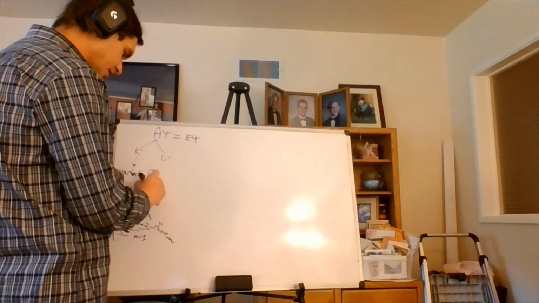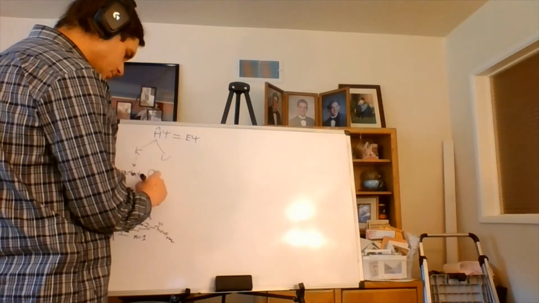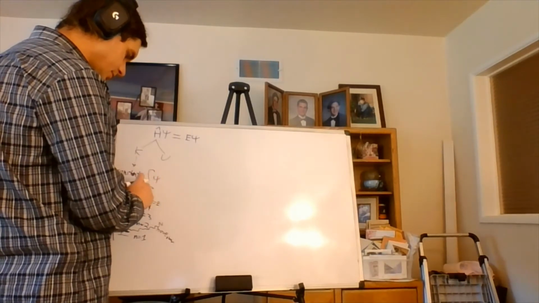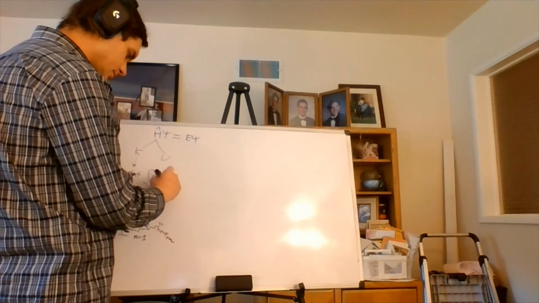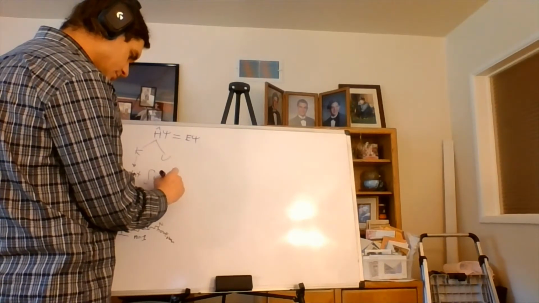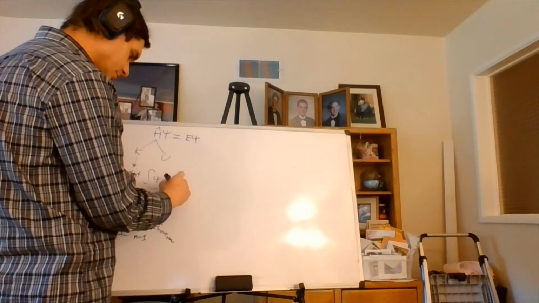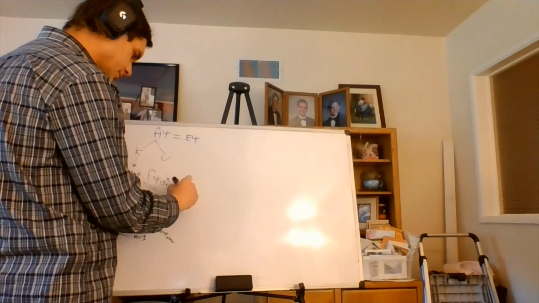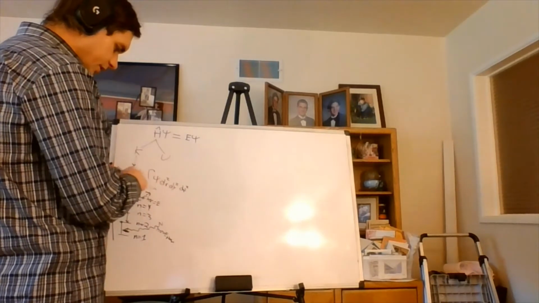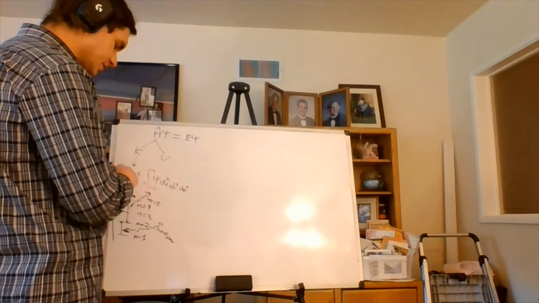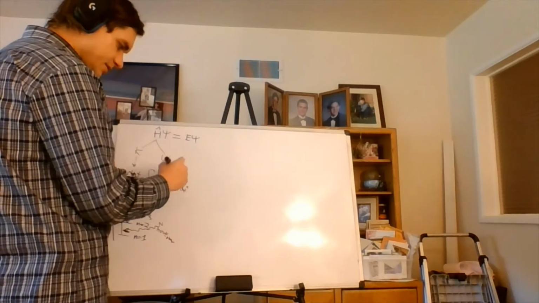I'm just going to use x, y, and z. So that's dx squared, dy squared, dz squared. Yeah, so the wave function gets integrated over three different sets of coordinates, and it's multiplied by a constant.